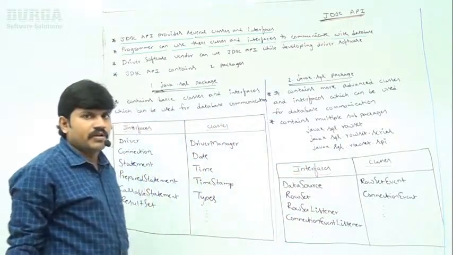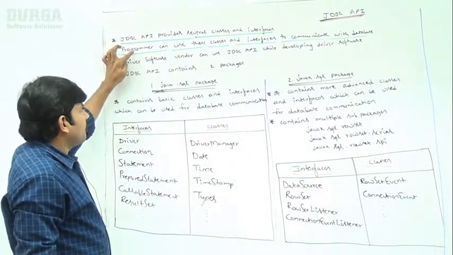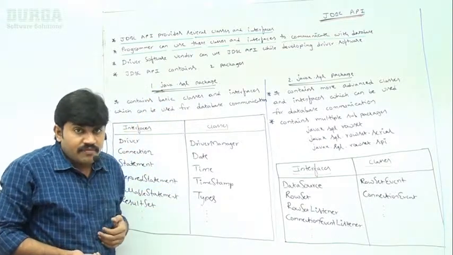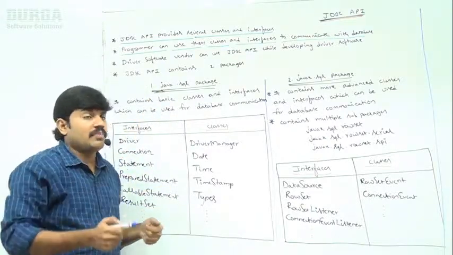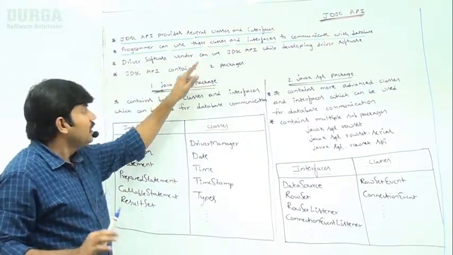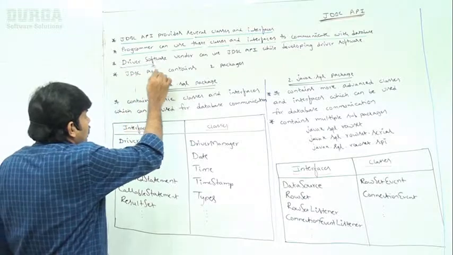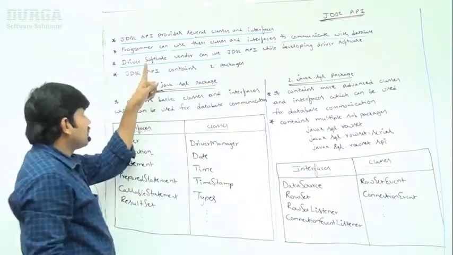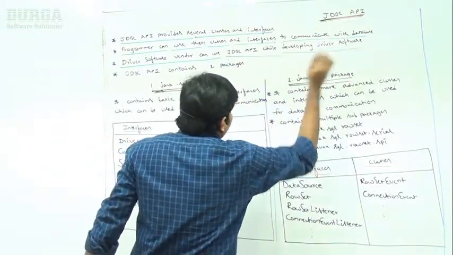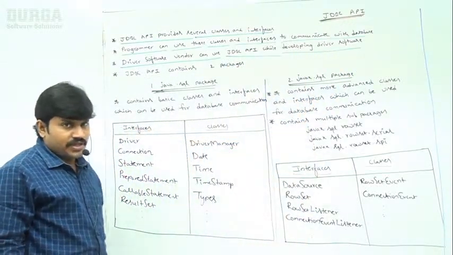Being a programmer, if I want to communicate with the database, then which classes and interfaces are required? Those are available inside the JDBC API. Next, another person who can use it: the driver software vendor can use the JDBC API while developing driver software.